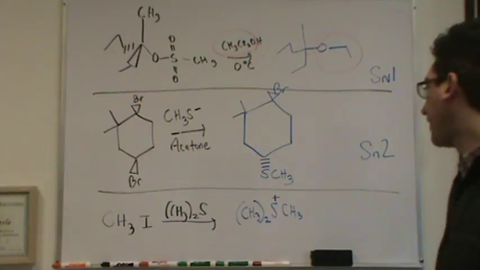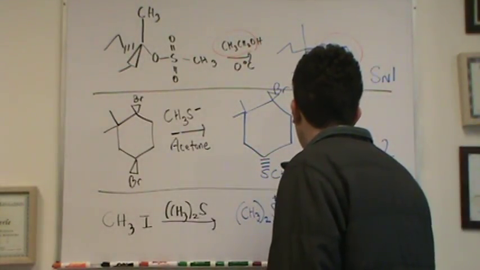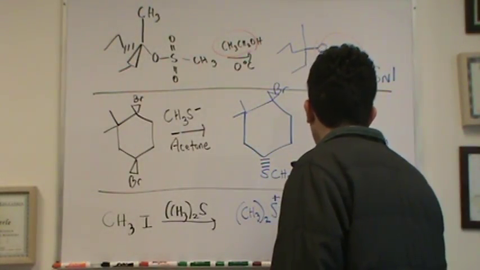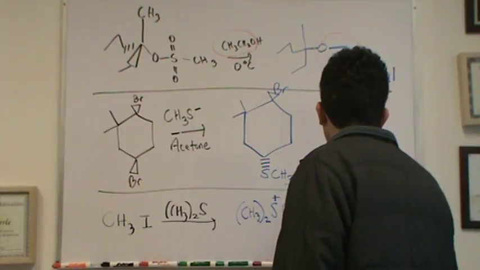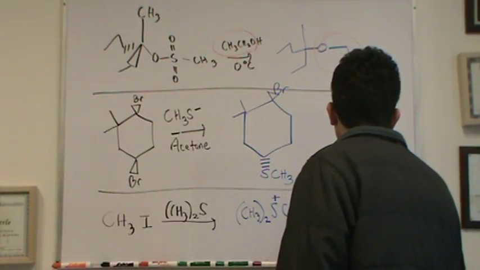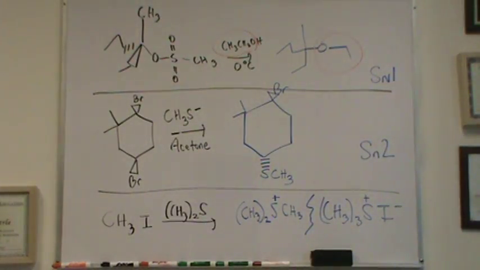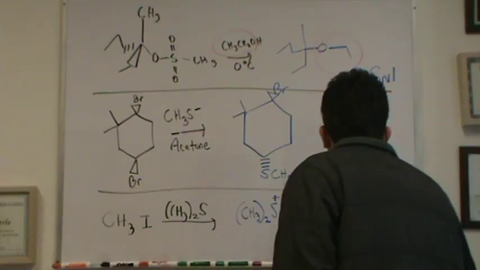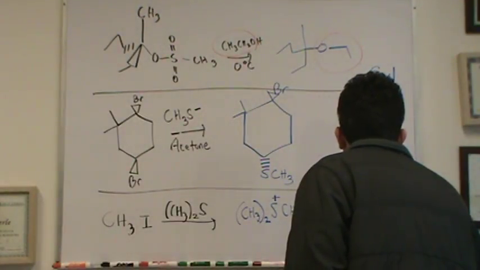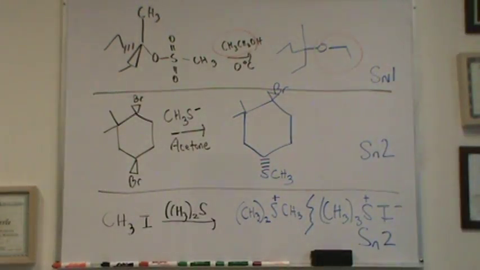And just to simplify it and write it a little bit differently, you could write CH3 positive, and you'll have to check with your instructor. Sometimes they have you write the I minus right there. That's totally fine. You'll want to check with your instructor if you need to write the leaving group as an additional product, and if so, make sure you do it too. So this last case was also an Sn2, which is a pure substitution.